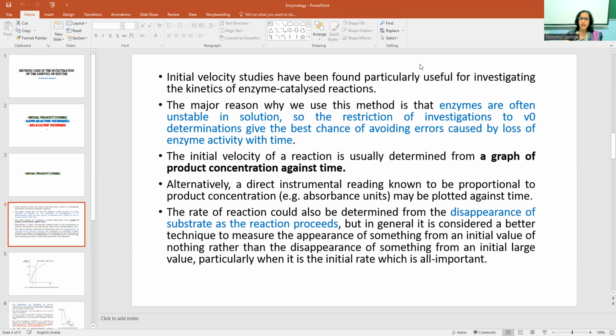And the rate of reaction could also be determined from the disappearance of substrate as the reaction proceeds, but generally it is considered a better option if we measure the appearance of something from an initial value of nothing rather than the disappearance of something from an initial large value, particularly when it is the initial rate which is all the more important.